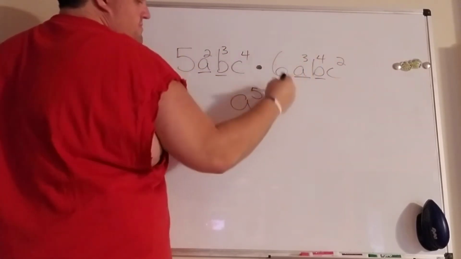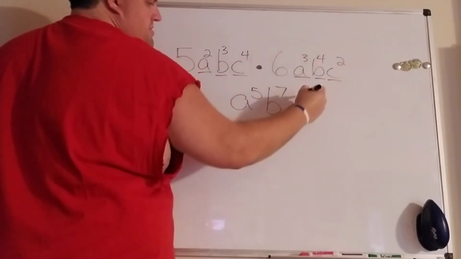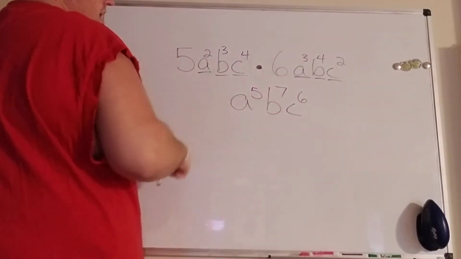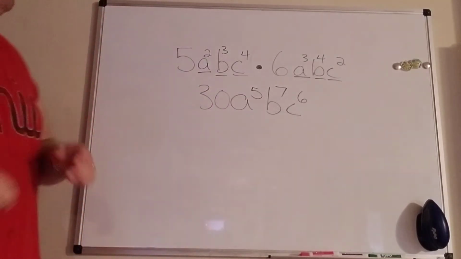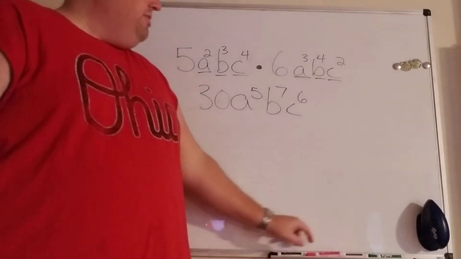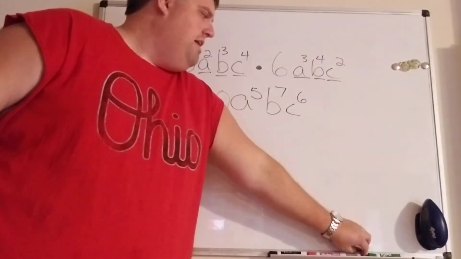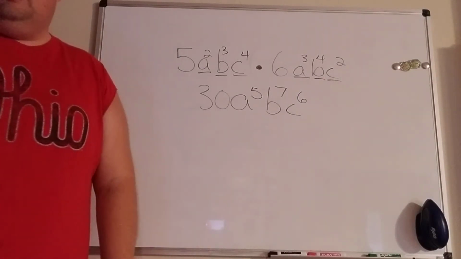Keep the b, 3 plus 4 is 7. Our c's are the same. Keep the c, 4 plus 2 is 6. And 5 and 6, when we multiply those together, we multiply them because they don't have the same base, so we do whatever the problem says, and that's how we're going to get 30 for that one. So 30, a to the 5th, b to the 7th, c to the 6th.